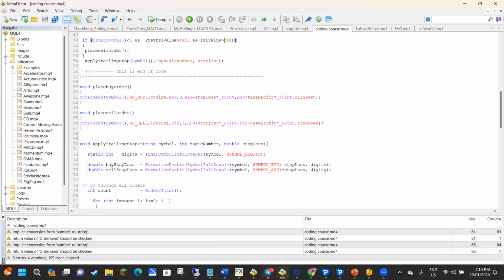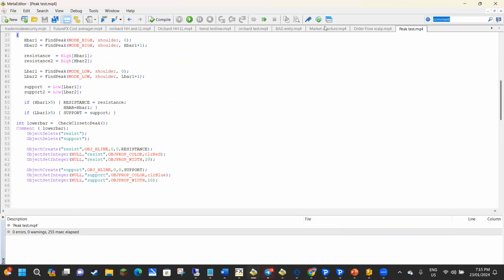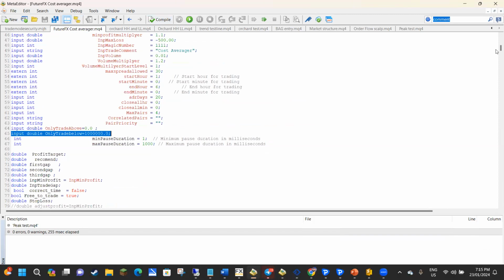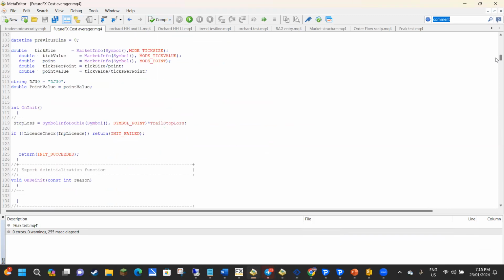Alrighty, I am going to jump over onto another one of my things here. I just want to grab some code off another EA to save me typing it all out.